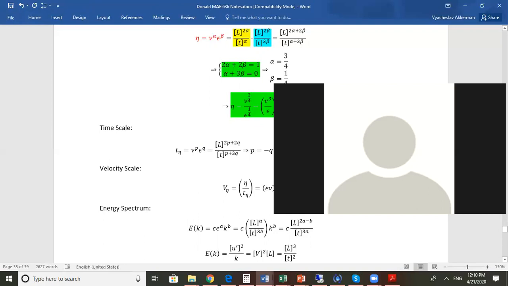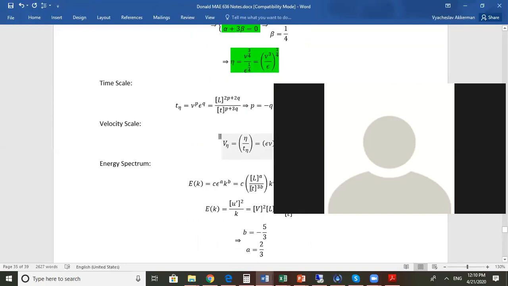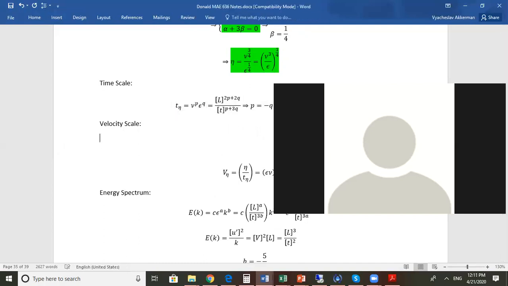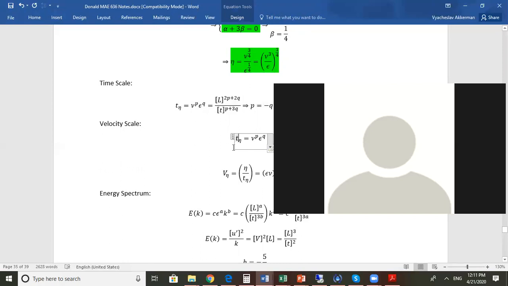Also, there is a velocity scale. There are two ways to find velocity. To check yourself, typically what I do in class is the same story. You can look for velocity in the same form, writing velocity v as something like, not p and q, let's say m and n.